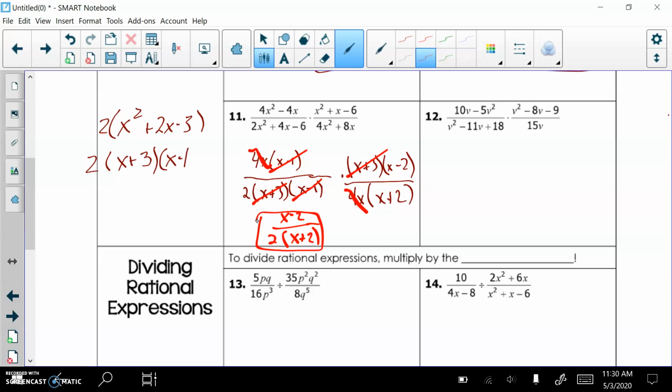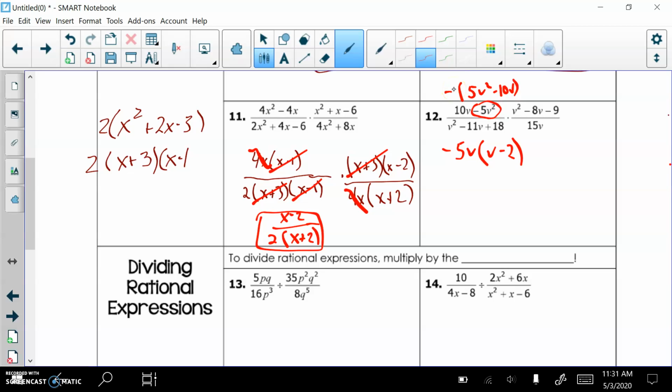Number 12. All right, the first thing I do see is this transposed, minus v squared at the back side. So I'm going to, in one fell swoop, say negative 5v, and that flips it over to be v minus 2. Again, I'm factoring out that negative, giving me a positive 5v squared minus 10v, and then I took out the 5v.